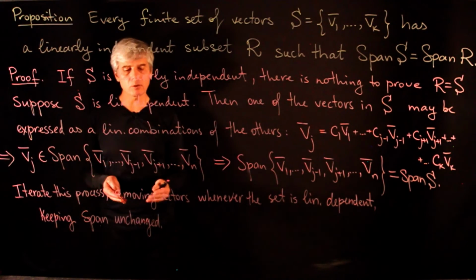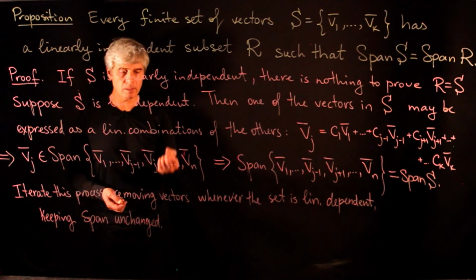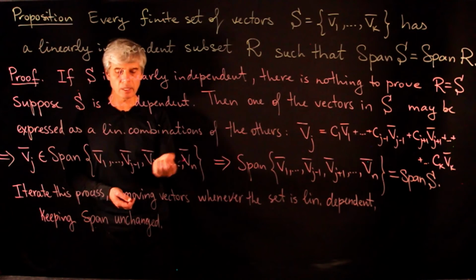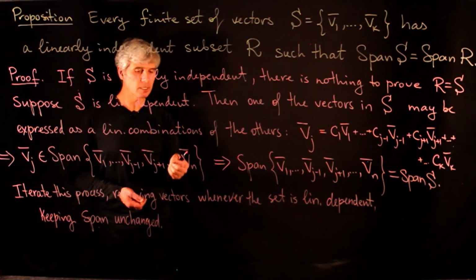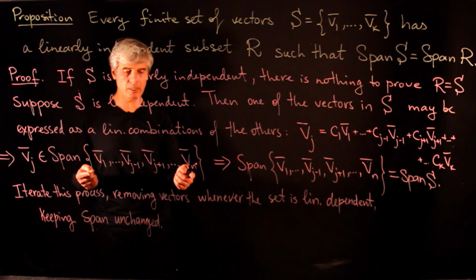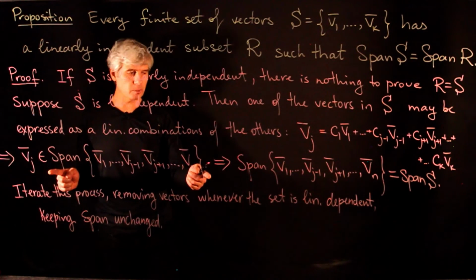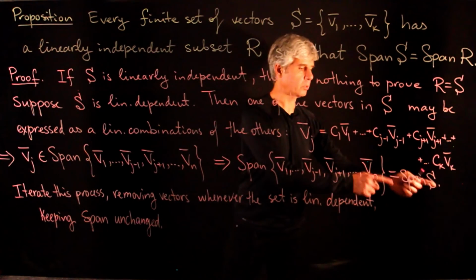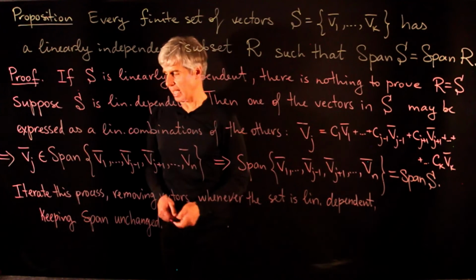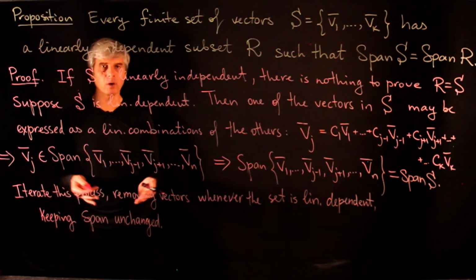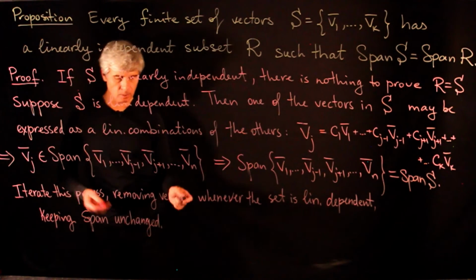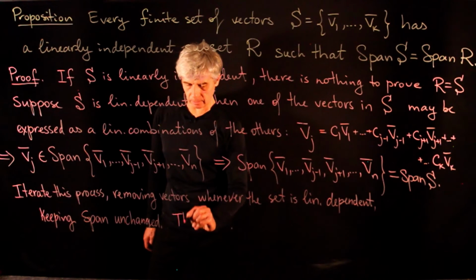If this set of vectors is linearly dependent, then there is one vector in this set that we can throw out and not change the span. So the span of the smaller set will be equal to the span of this set, or also equal to the span of the original set. And since we have only a finite number of vectors, this process will terminate.